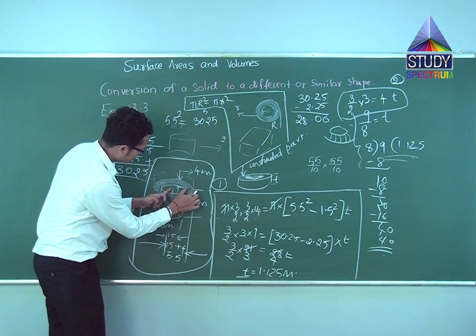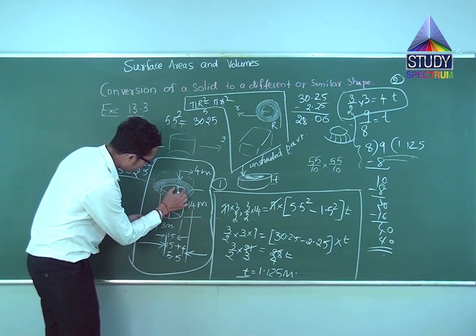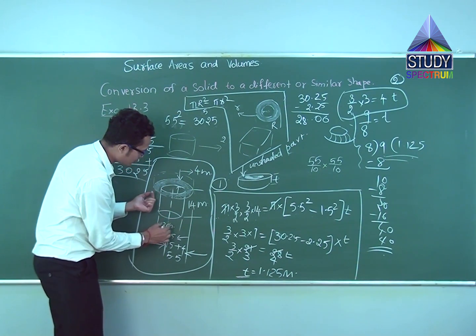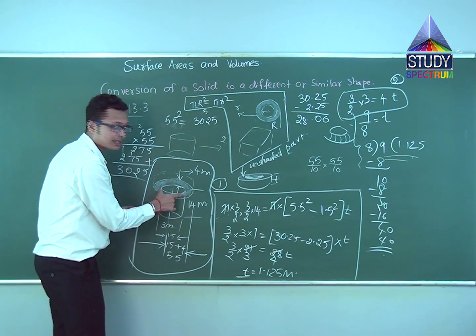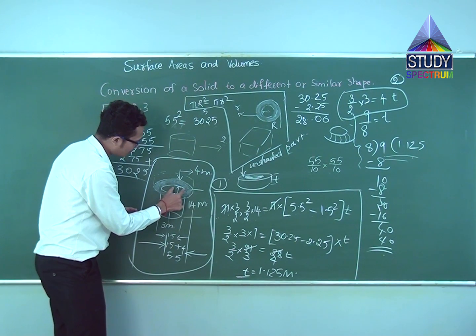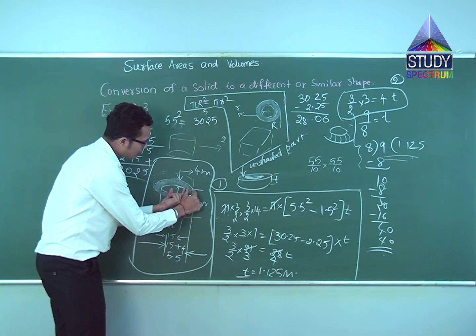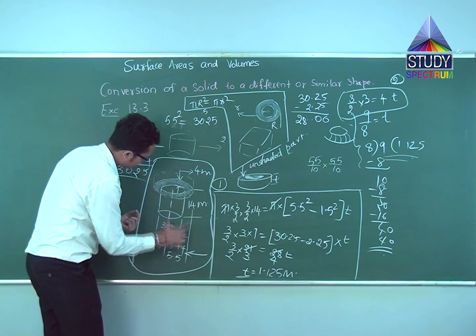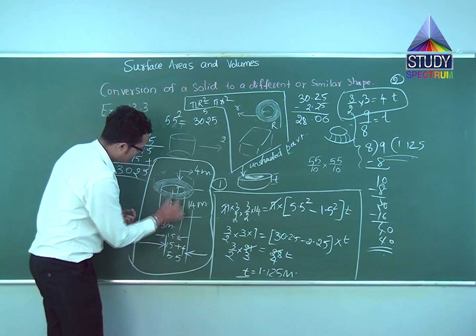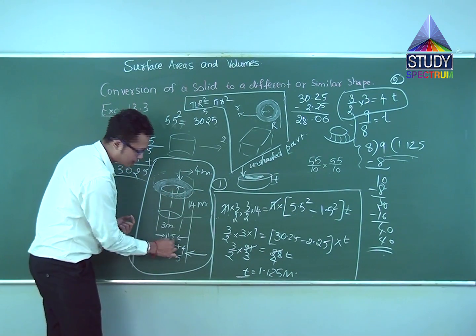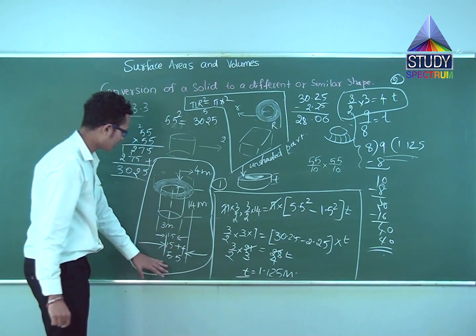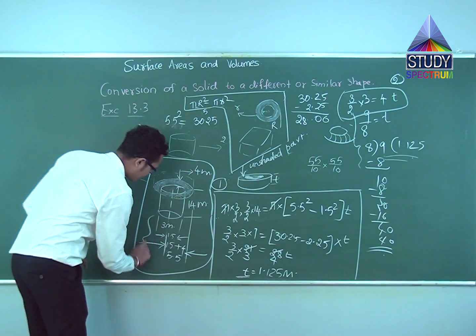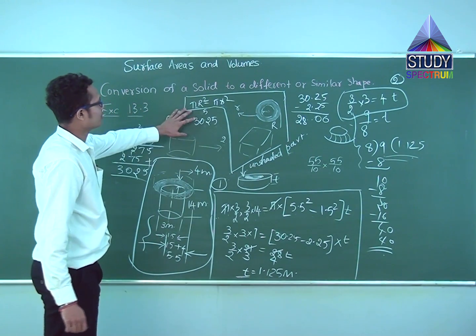Thickness is 4 meters and the radius of the inner circle is 3/2 because I know the diameter is 3. So 3/2 is 1.5, and 1.5 plus 4 is 5.5. The entire thing is 5.5 and the radius of the inner circle is 1.5. That's how we get it. This is where the trickier part lies. The rest is pretty simple, you can do it.